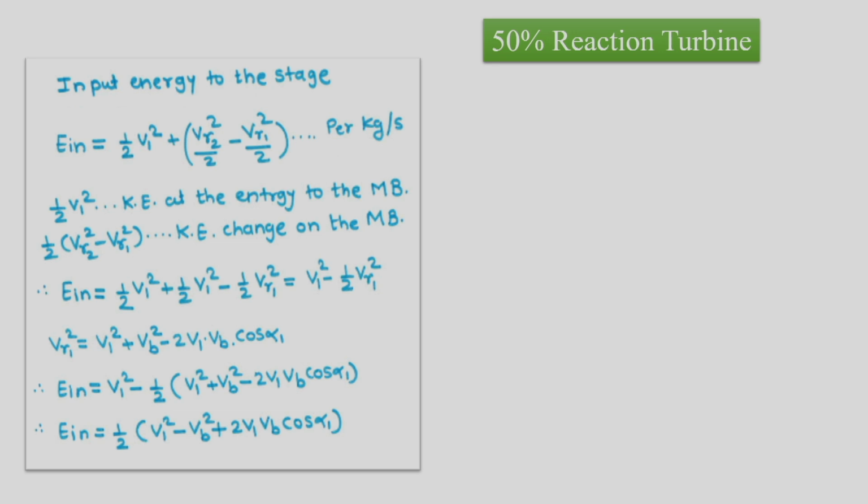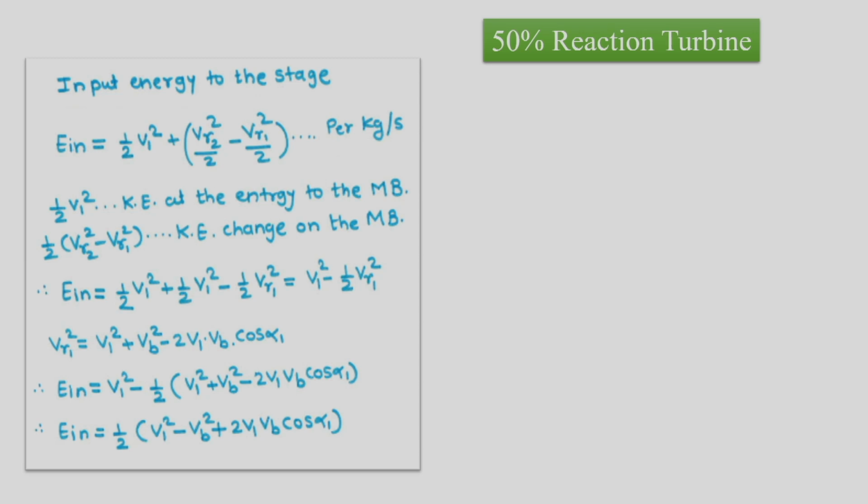Now let us find out the input energy to a stage. This is very important for us, since in case of an impulse turbine we know that the kinetic energy at the exit of the nozzle is given as an input to the moving blades. So the input kinetic energy was used to divide the work done to get the formula for diagram efficiency.